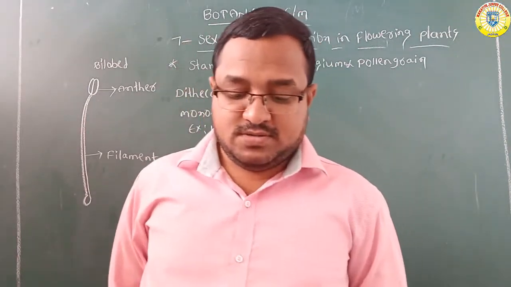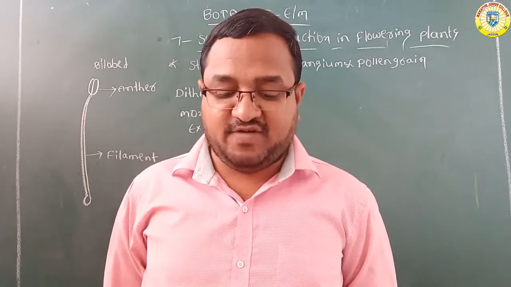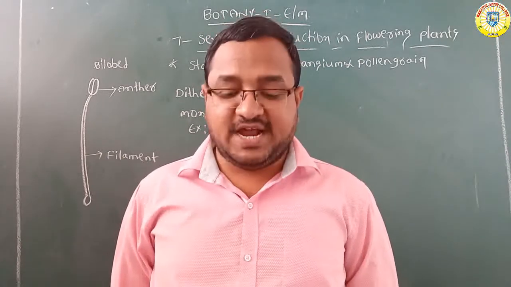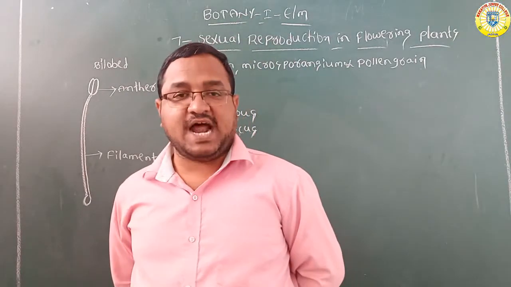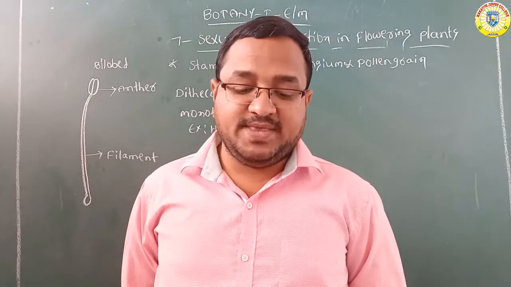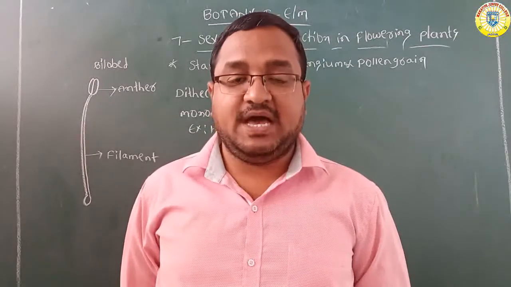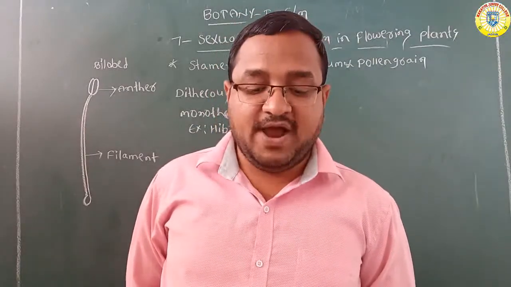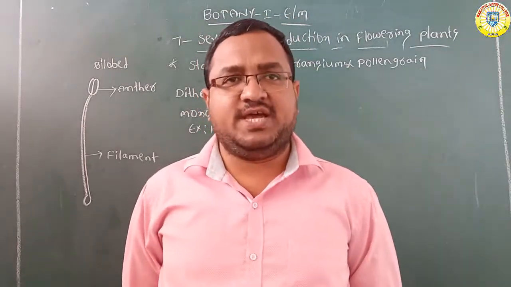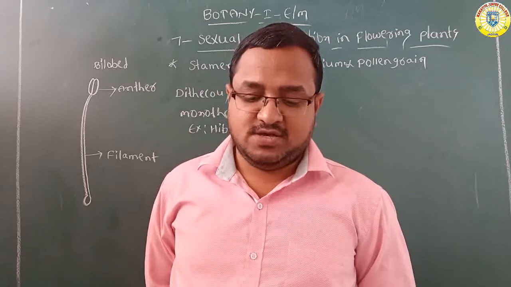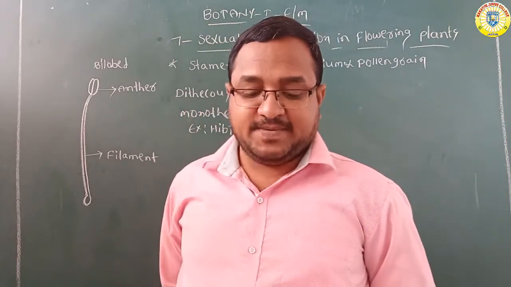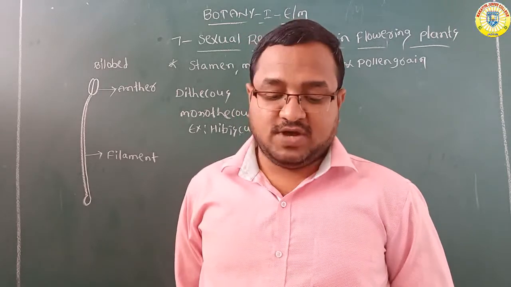So the bilobed nature of the anther is clear in the transverse section of the anther. In the transverse section you can see the bilobed structure, each lobe having mainly two sacs.